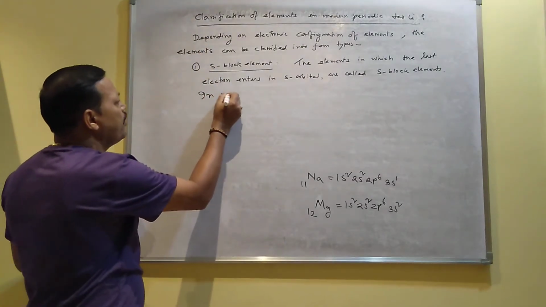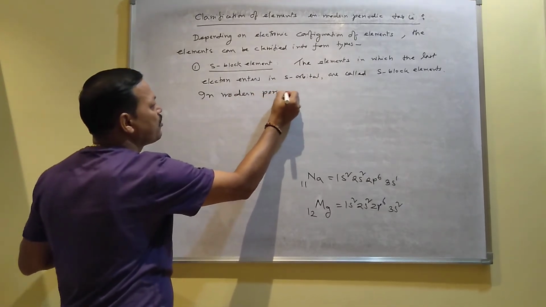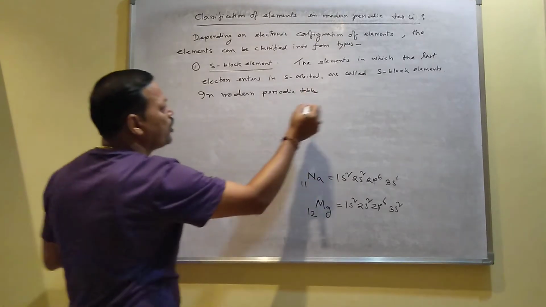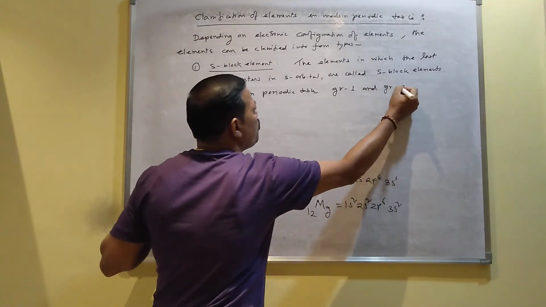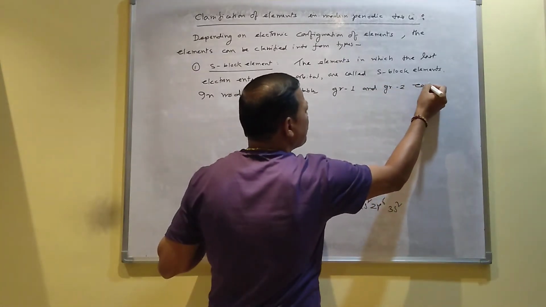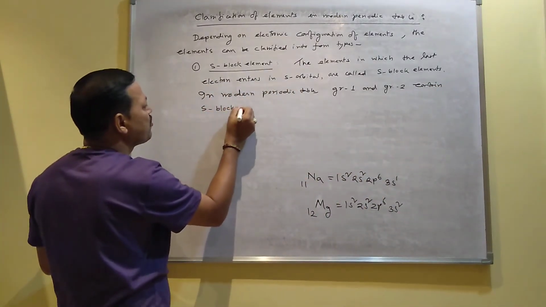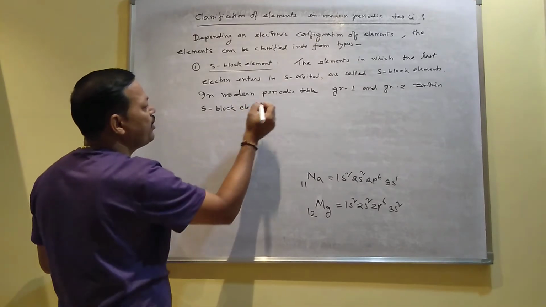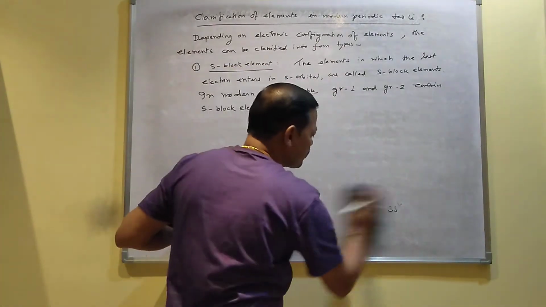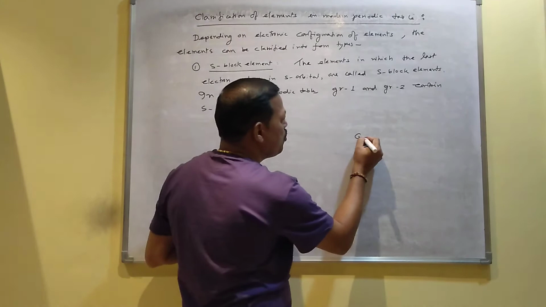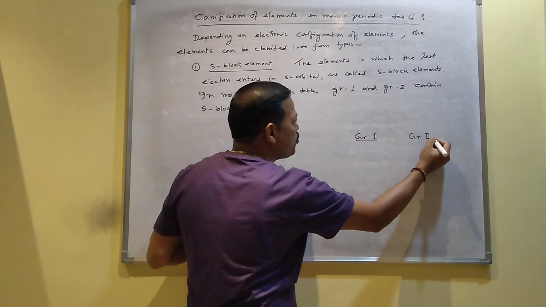In the modern periodic table, group 1 and group 2 contain S block elements. Only group 1 and group 2 contain S block elements. So do you know what are the elements present in group 1 and group 2?